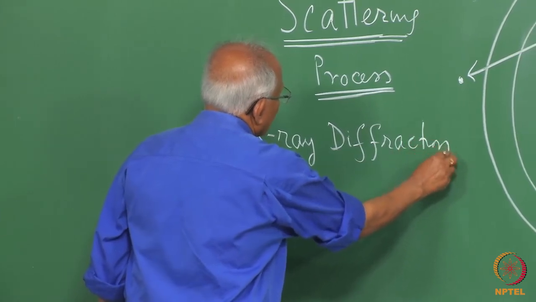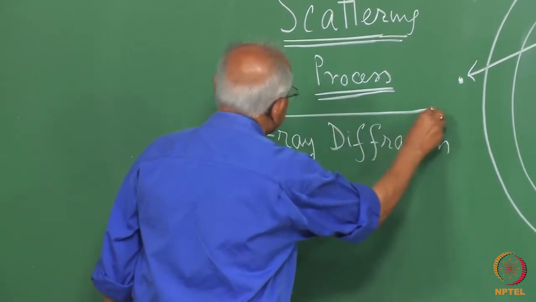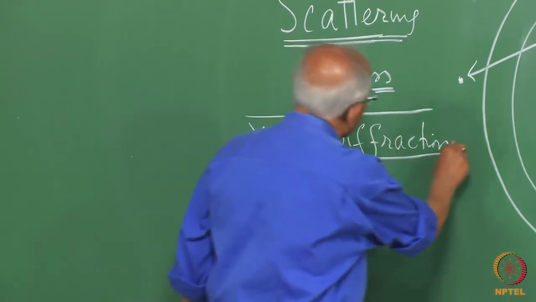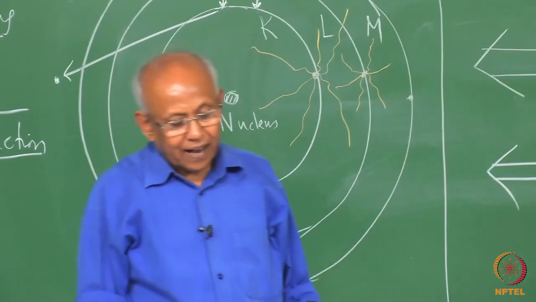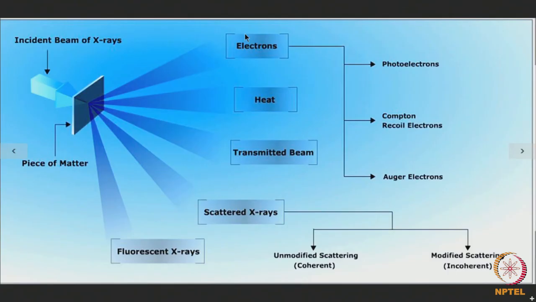So, using the coherent radiation, we can have what is known as X-ray diffraction, and that is very useful. Now, different kinds of electrons are also produced. For example, there will be photoelectrons. What are photoelectrons?